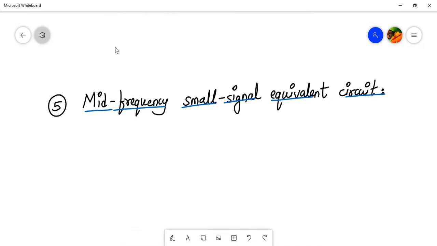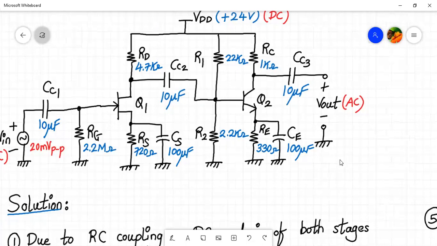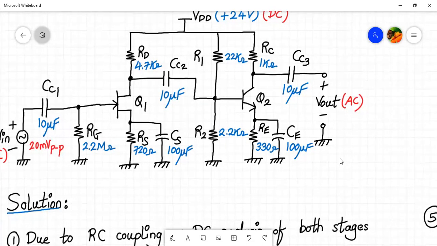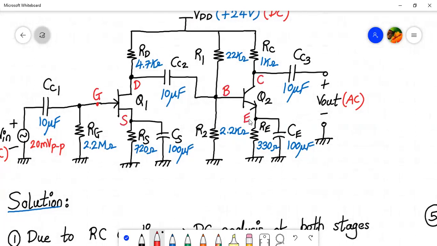First of all, we have to draw the small signal model for JFET and BJT. Before that, we will identify the terminals. This is my gate, drain, and source. This is my base, collector, and emitter for Q1 and Q2. Let's first draw the model for Q1 and Q2.